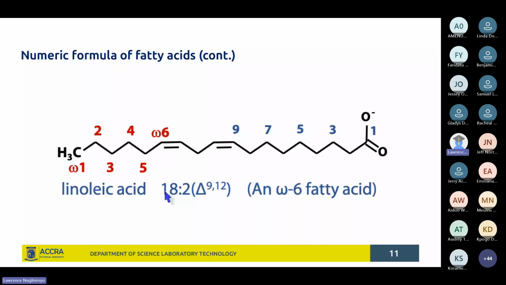So you can have, for instance, 18:3 delta 9, 12, 15, telling you that the fatty acid contains 18 carbons, 3 double bonds, and the locations of the double bonds are carbon number 9, carbon number 12, carbon number 15.